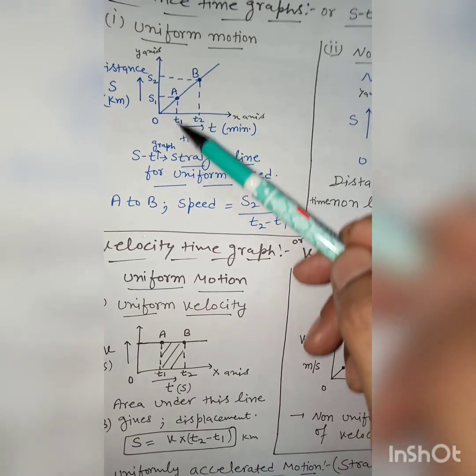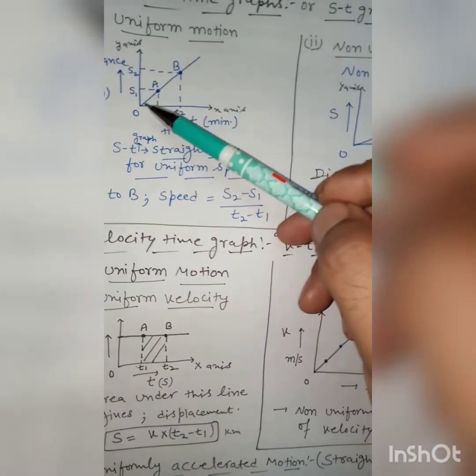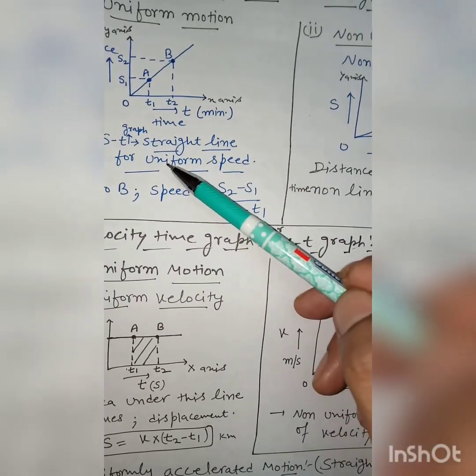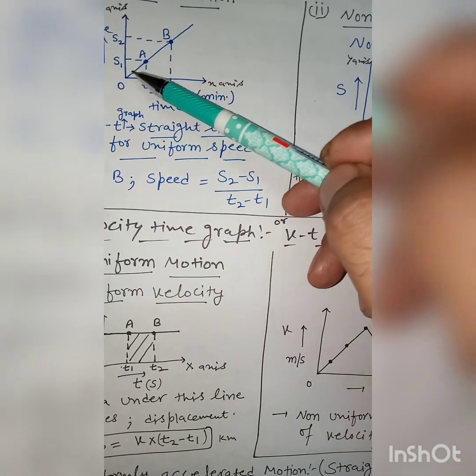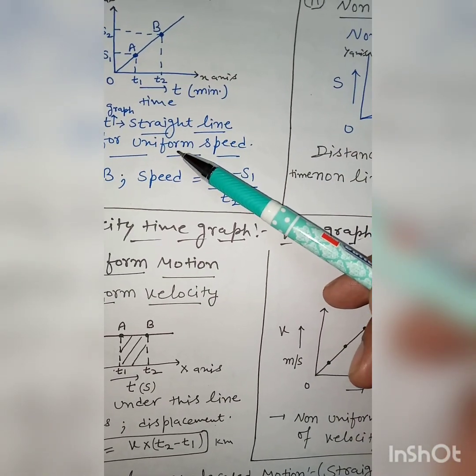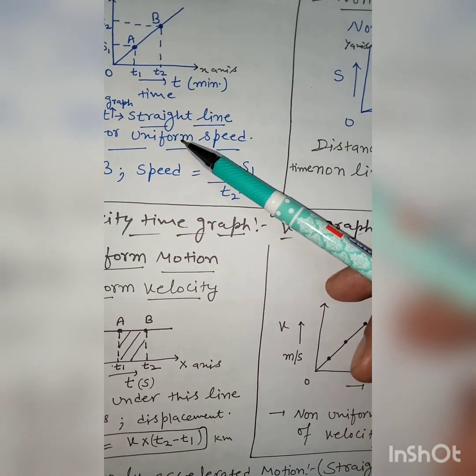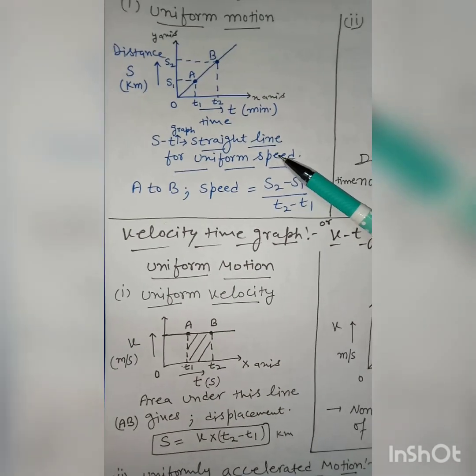If the ST graph has a straight line, because this is a distance time graph, equal distance is covered in equal intervals of time, so it is uniform speed.